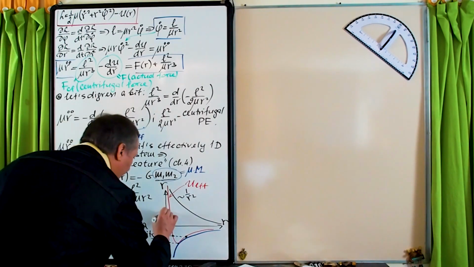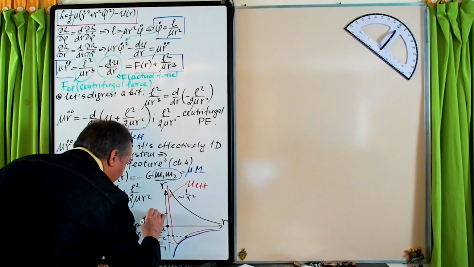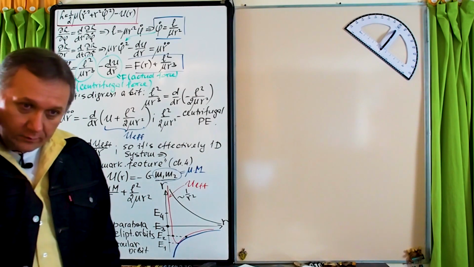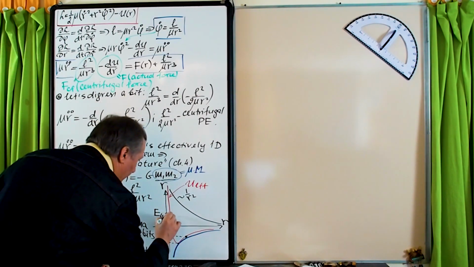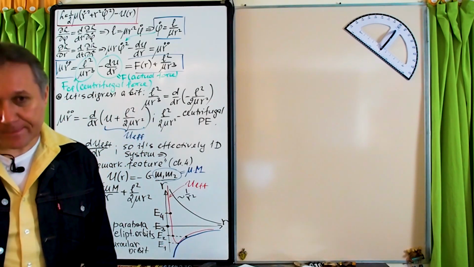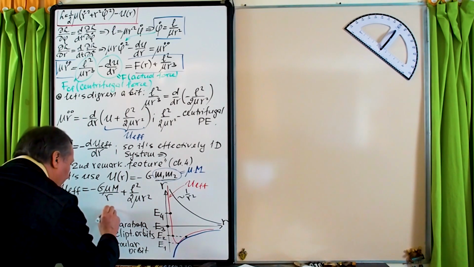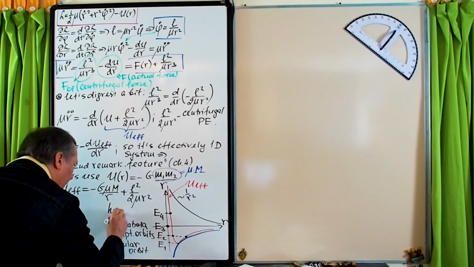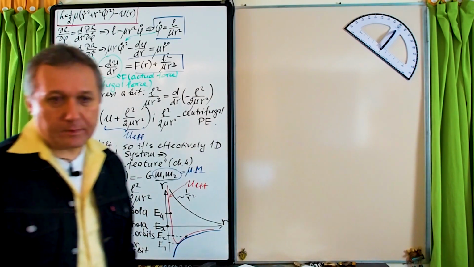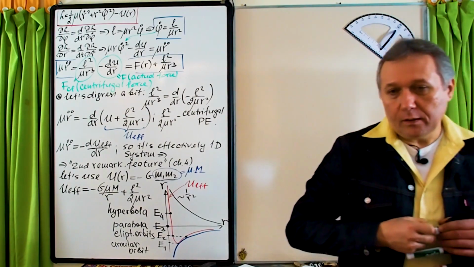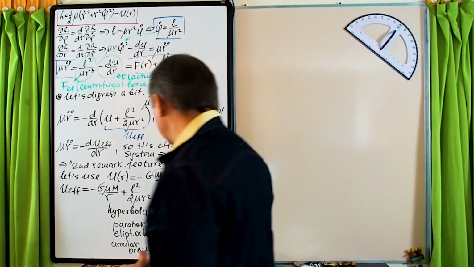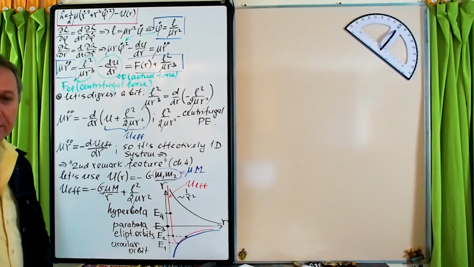And if you provide this amount of total mechanical energy, now E sub 4 positive, then you will have, like in a parabola, only one turning point. So in this case, hyperbolic motion, a hyperbola. So you see, we can easily get some information about the motion basically free of charge, without any significant amount of mathematical work. So this effective potential is very useful.